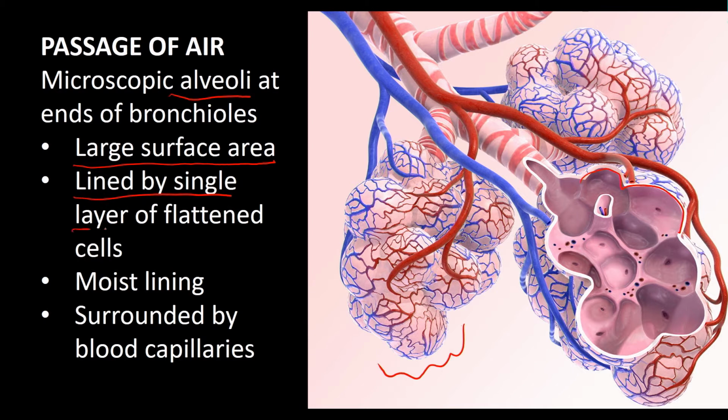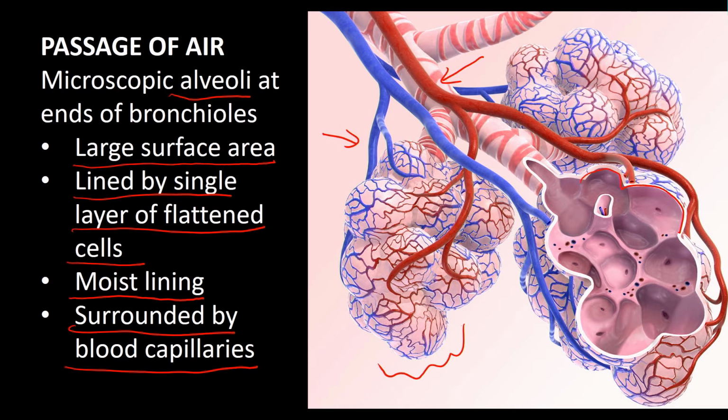It's lined by a single layer of flattened cells or squamous epithelium so that the gas moves through easily. The lining is moist so that the gas can dissolve. And you can see here, surrounded by blue and red things, which are your blood vessels, taking blood to and from the alveoli.